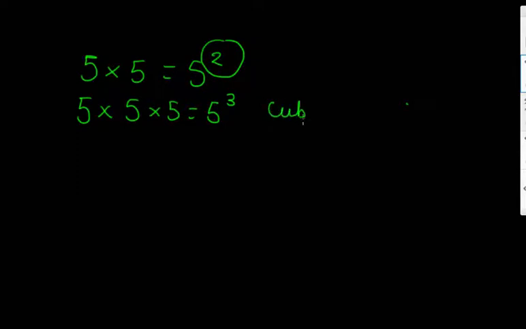So that's cubed, 5 squared, and we know 5 squared is 25, and 5 cubed is 125. Now the opposite of doing 5 squared is square root.